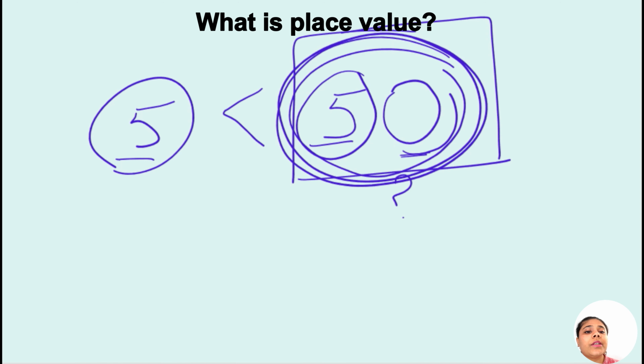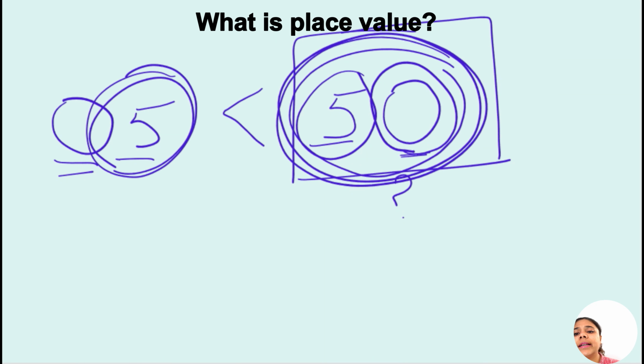The placement of 0 is also different. Therefore, if we place a 0 here, it has no value. But if we place a 0 after 5, it has a value, right? So, when we say that this number is less, that is because the place value of 5 is different than the place value of 5 in the number 50.